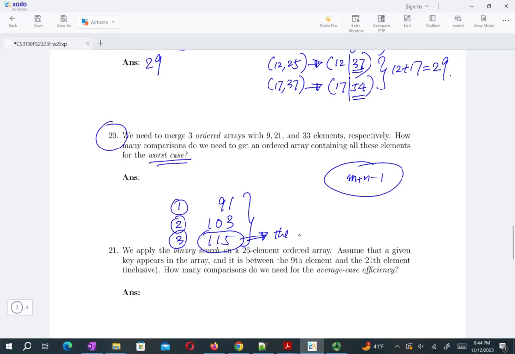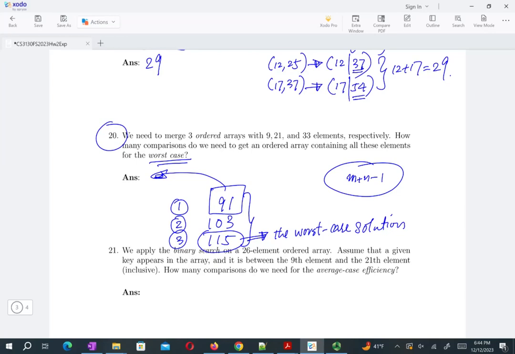So they give me this as the worst case solution. One big mistake is here. The correct answer is 91.